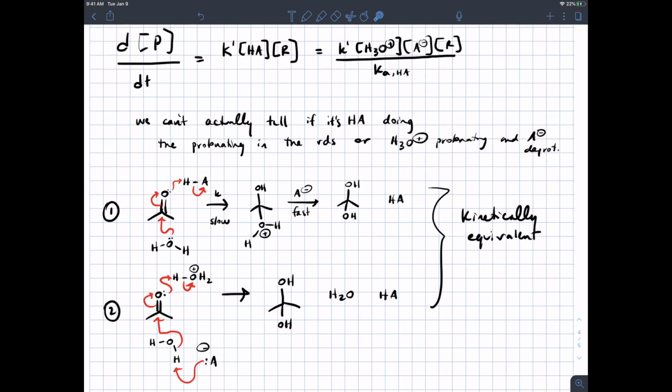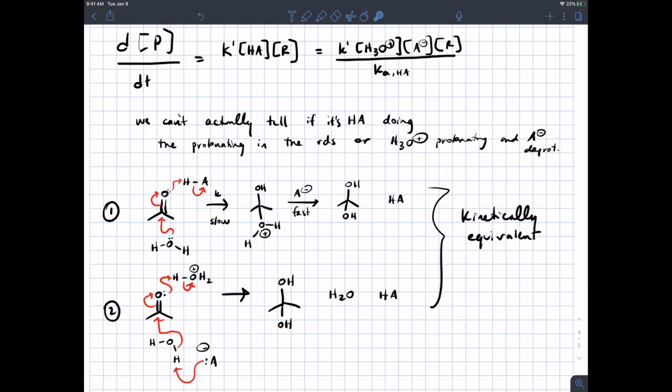Termolecular reactions where three things have to find each other in the rate determining step do exist, but they're less common because it takes longer for three things to find each other in a solution where everything's bumping around. And then here you've got four things finding each other, which seems really unlikely. And I agree with you that it is.